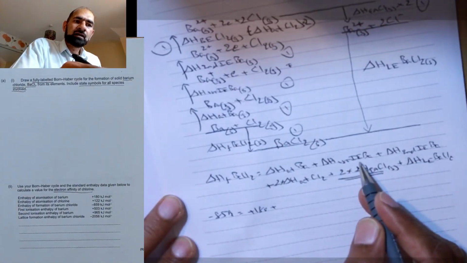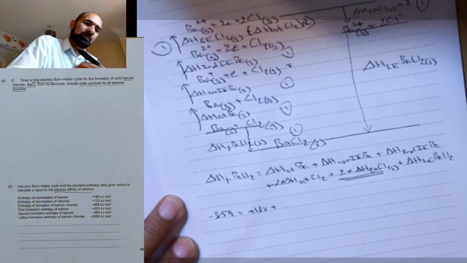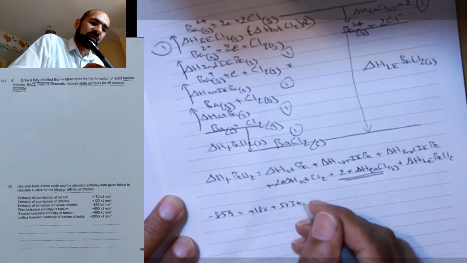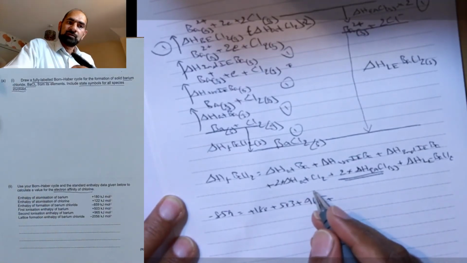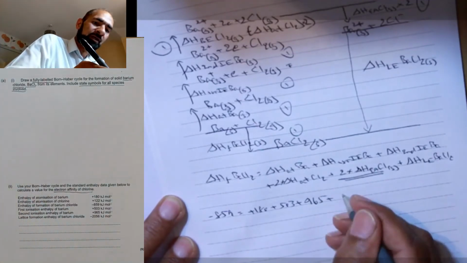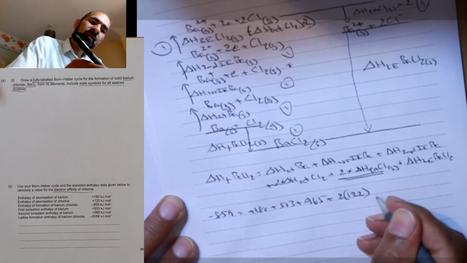First ionization enthalpy of barium is plus 503. Second ionization of barium is plus 965. And 2 times enthalpy of atomization of chlorine: atomization of chlorine is plus 122, but I have to remember to multiply by 2.